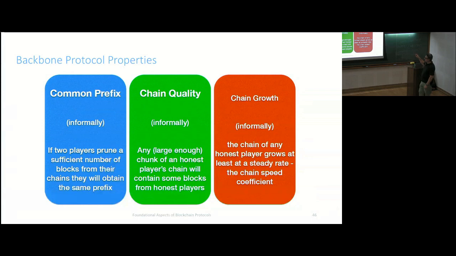Another property we came up with is to see how much stuff honest parties can insert into the blockchain given this network and computational assumptions. So we want to figure out what's the proportion of good stuff that is going to be in the blockchain. And another important property is that this chain should grow.